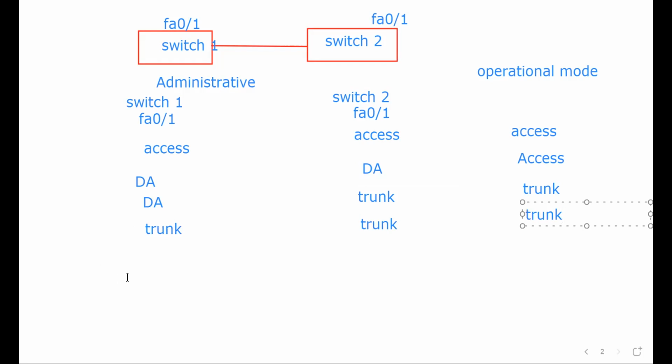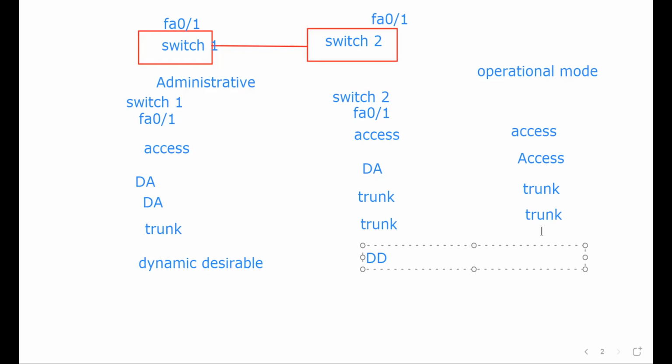When both are in dynamic desirable mode, the operational mode is trunk, because dynamic desirable mode also works as trunk.